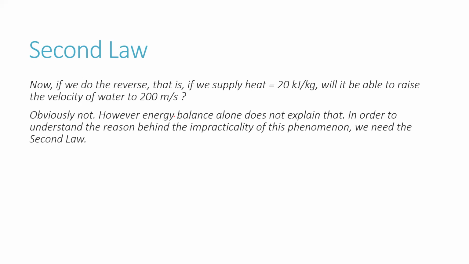Okay. Now, if we do the reverse, that is, if we supply heat equivalent to 20 kilojoules per kg, will it be able to raise the velocity of water to 200 meter per second? No, that's not really possible, right?